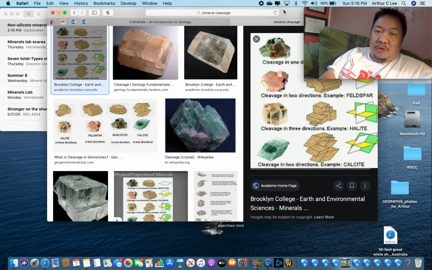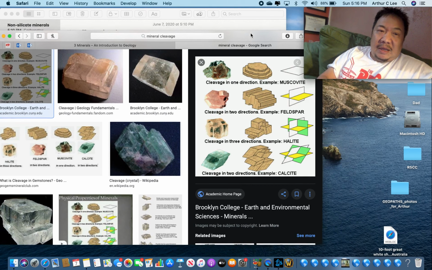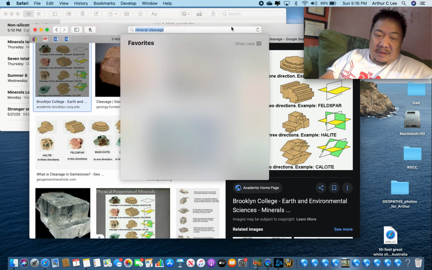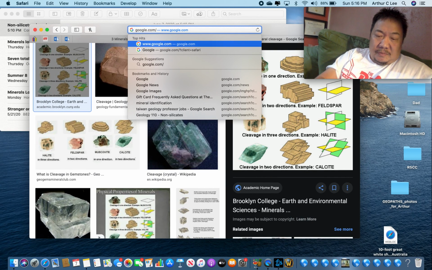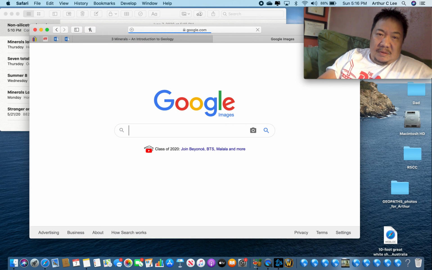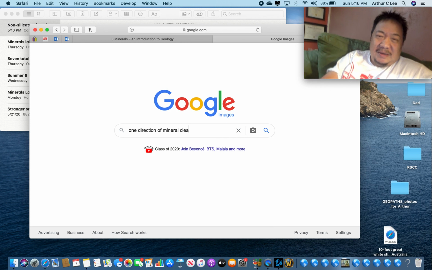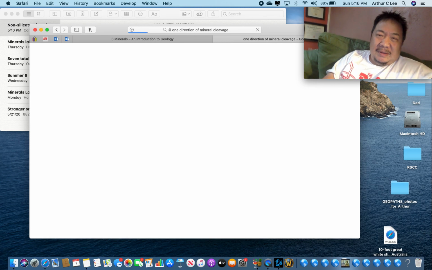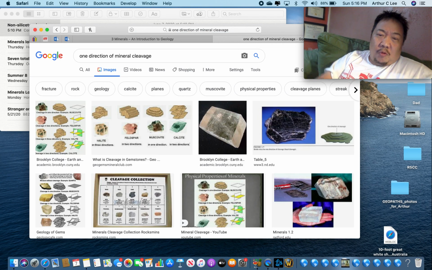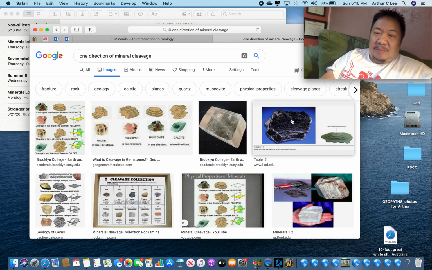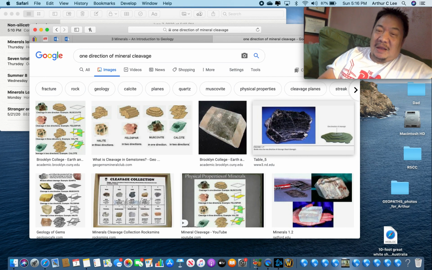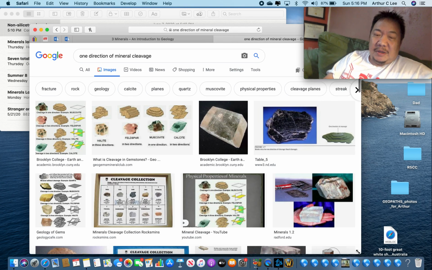If it has one direction of cleavage, the mineral will break off in sheets, like biotite. That has a non-metallic luster. You can break it with your fingers, by the way.